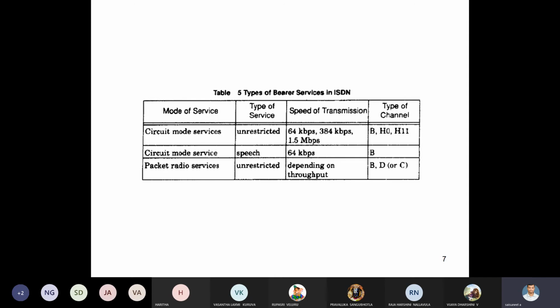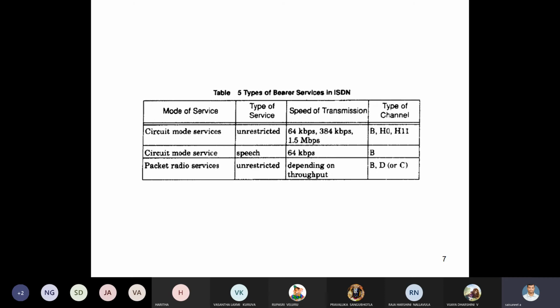This table shows exactly what the types of bearer services in ISDN are. The first one is mode of service, that is circuit mode or packet mode. The circuit mode service with an unrestricted type of service has speeds of 64 kbps, 384 kbps, 1.5 Mbps, and the type of channel is B channel, H0, H11.